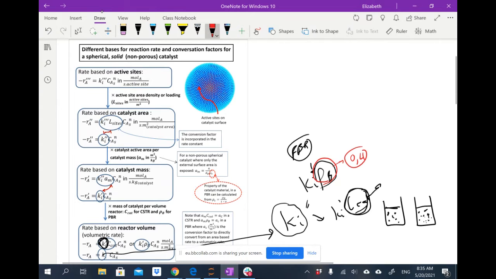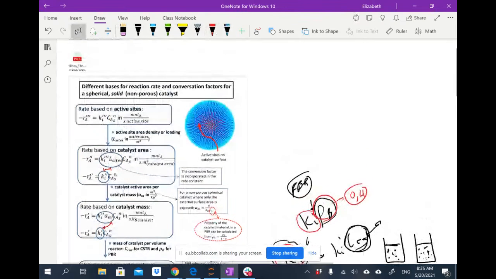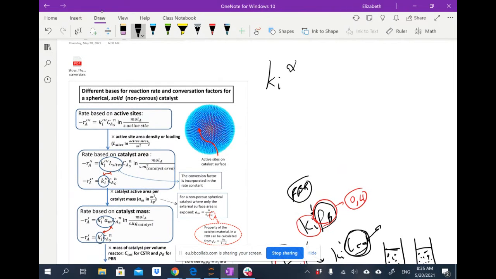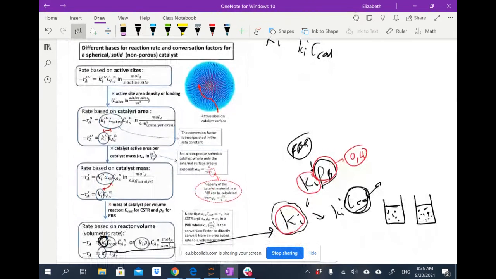So in a packed bed, my volumetric rate constant, if I don't change my mass-based rate constant, is also relatively constant. What we can deduce from that is that my Ki, my volumetric rate constant, is directly proportional to Ki dash and rho bed for a PBR, and Ki dash and C cat for a CSTR. So let's now move up in our train here.